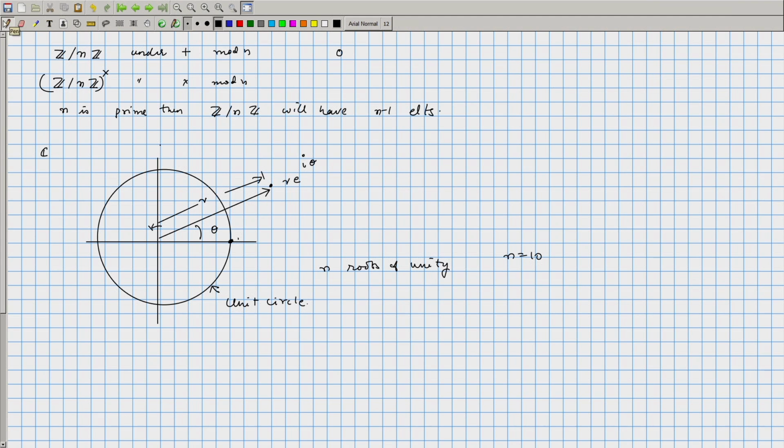If the nth root is going to be omega, you can check that the other roots are going to be omega square, omega cube and so on up to omega raised to n minus 1. So 1, omega, omega square, up to omega raised to n minus 1 are going to be the n roots of unity, where omega is e raised to i 2 pi by n, where i is square root of minus 1.